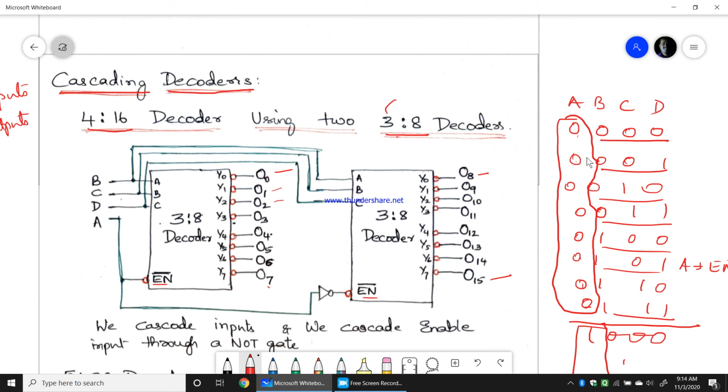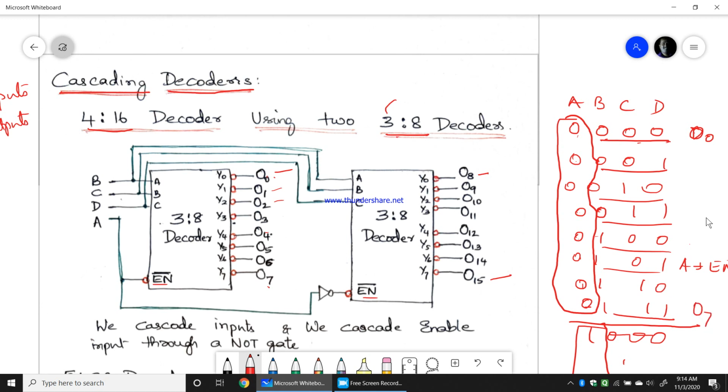Therefore, that 0 is given to enable, so this gets activated, and then based on these 3-bit values, O0 will be selected if it is 0 0 0, O4 will be selected if it is 1 0 0, and so on. So these first 8 conditions give O0 to O7.